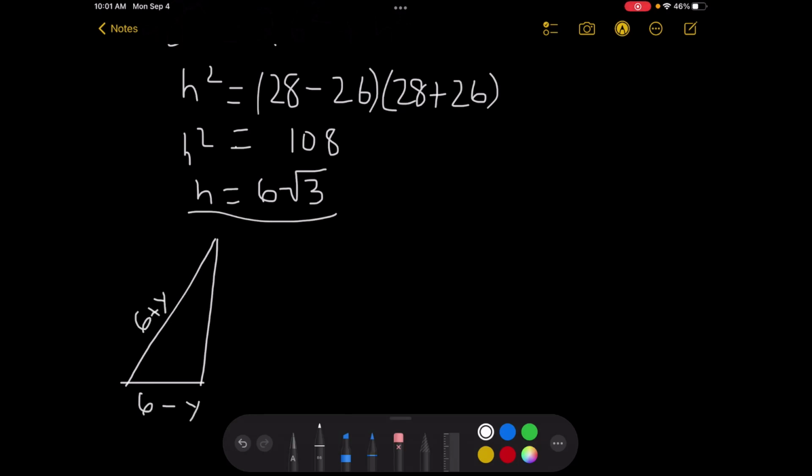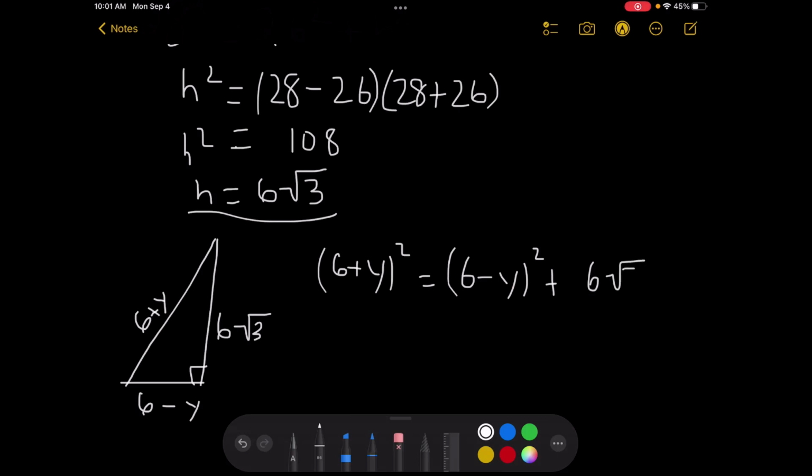This side has length 6 minus y. And h is just equal to 6 times the square root of 3. This is a right angle. We can solve for y using the Pythagorean theorem again. So we have (6 plus y) squared is equal to (6 minus y) squared plus (6 root 3) squared.